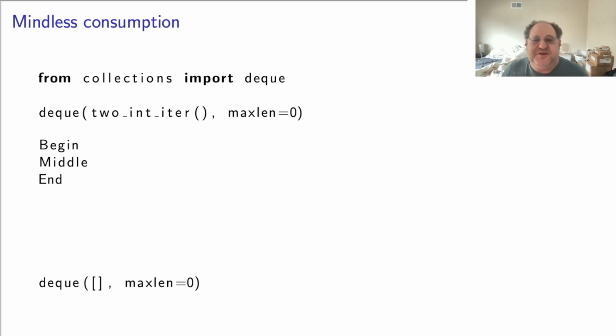If you give it a maximum of 0, then it will consume the iterator. It will add each item as it goes, but to a 0-sized deque, so it will add it and throw it away immediately. And so you'll end up with an empty deque and the side effect. So this is a nice way to consume a generator just for the side effect.